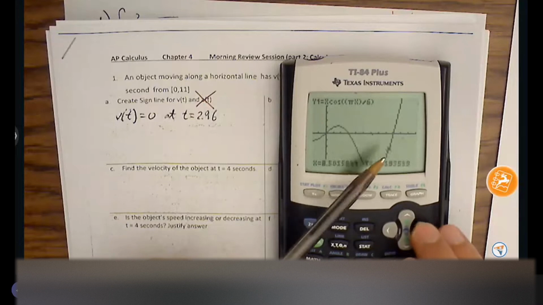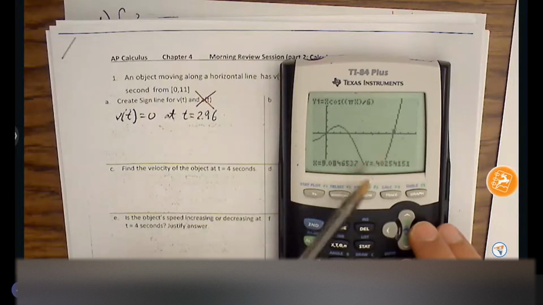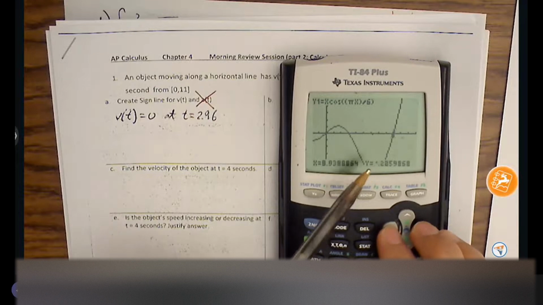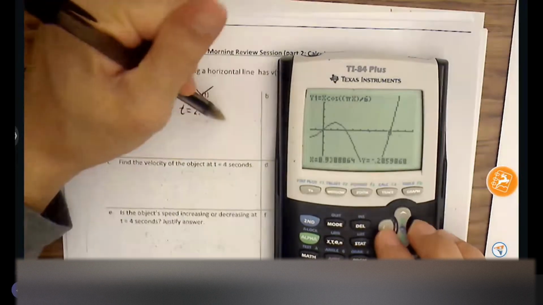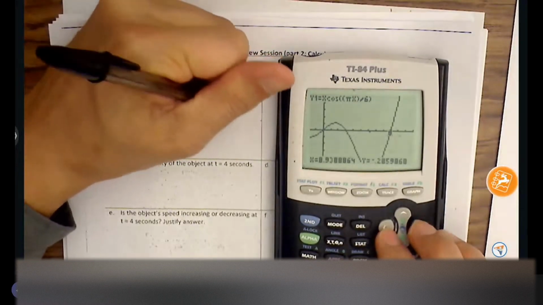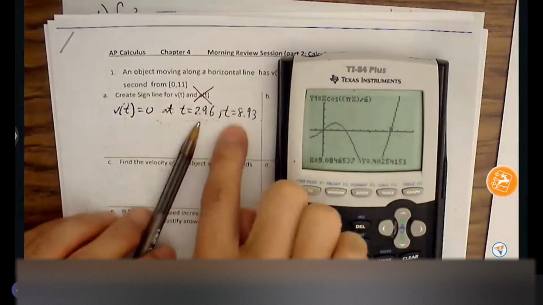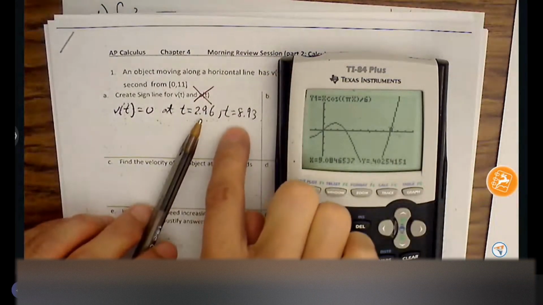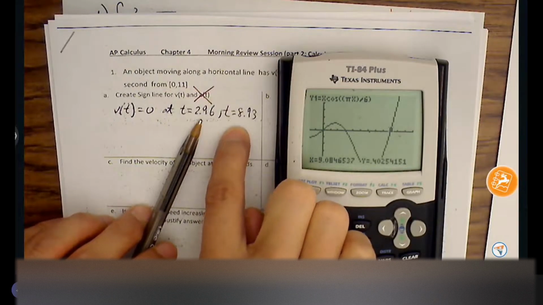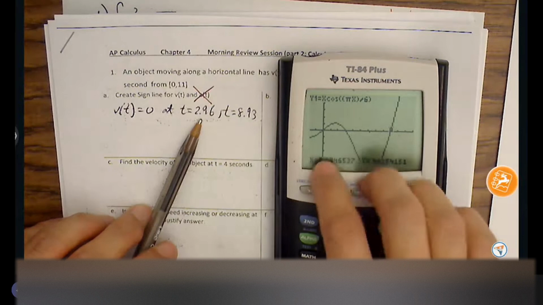Because I'm just moving my trace, and the trace is not hitting exactly at y equals 0. So I have an idea, right, around 8.9. So we know in the ballpark range where our x-intercepts are. So now let's get more accuracy here.